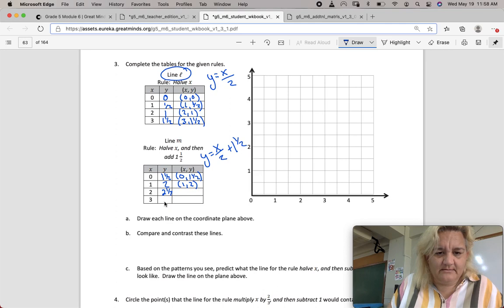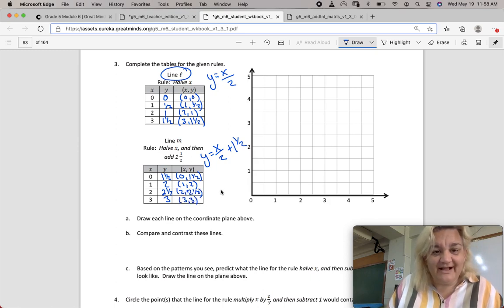Okay. And next is 3 divided by 2, so that's 1 and a half. 1 and a half plus 1 and a half is 3. 3 halves plus 1 and a half is, yes, 3. Okay. So 2 and 1/2, and then 3 and 3.